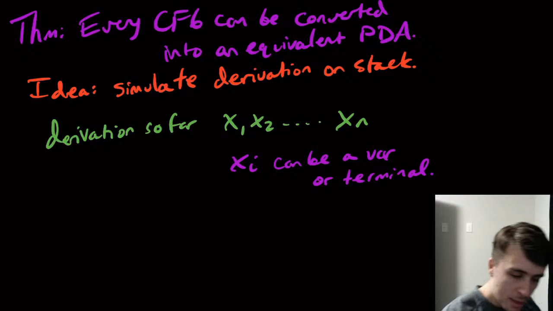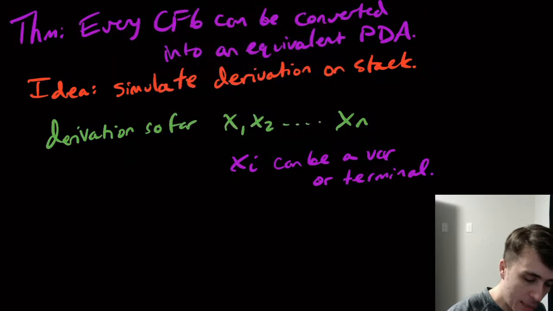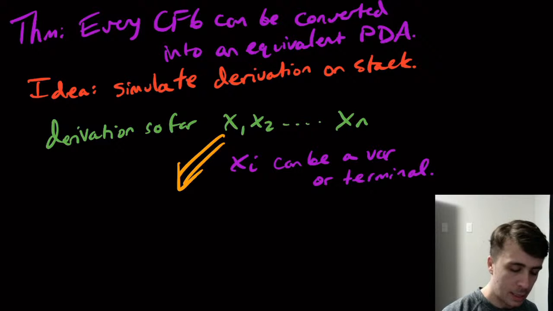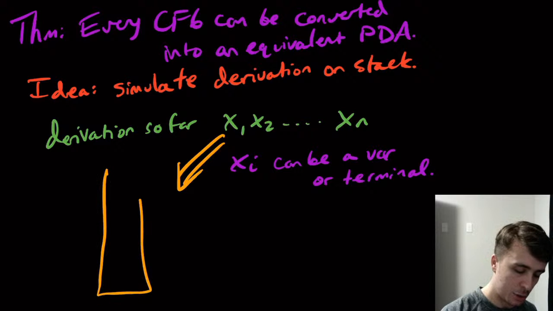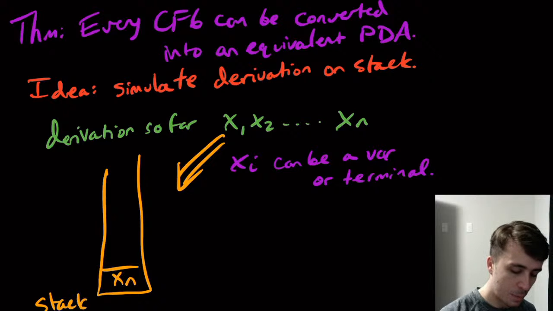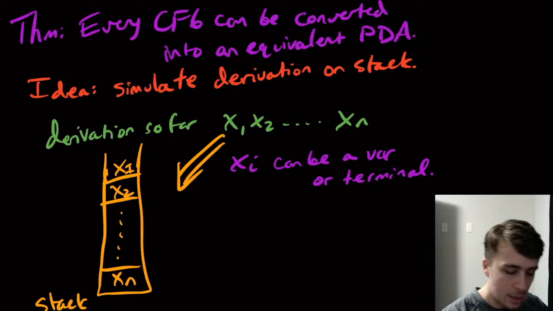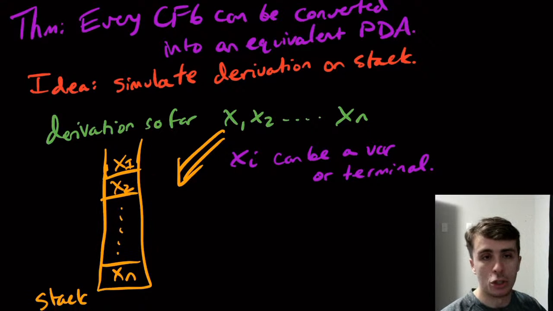The way we're going to do this is make a transformation into the stack. Here's the stack, and we're going to have xn here, working its way up to x2 and x1. That's the transformation that we want to do in the PDA.